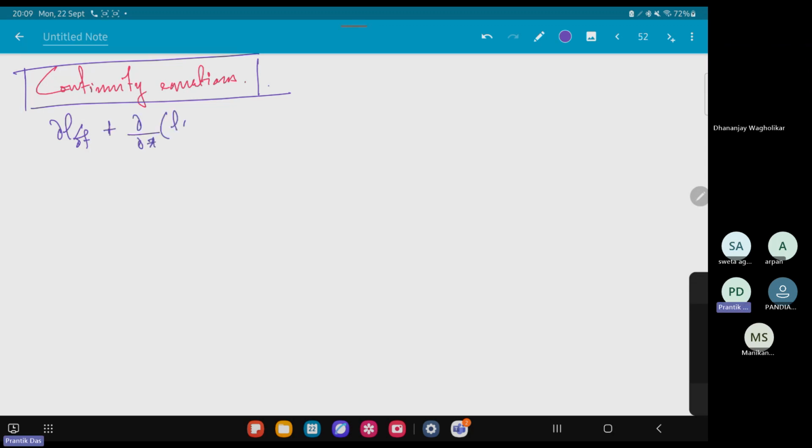So the continuity equation, if I write it in the Cartesian coordinate system, becomes like this, equal to 0. Then I have to integrate with respect to both time and space.